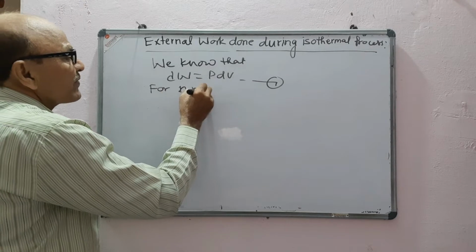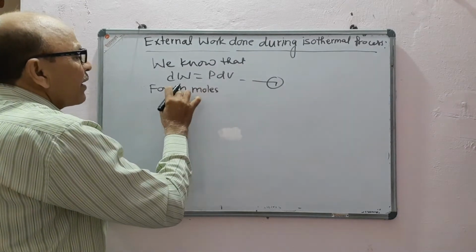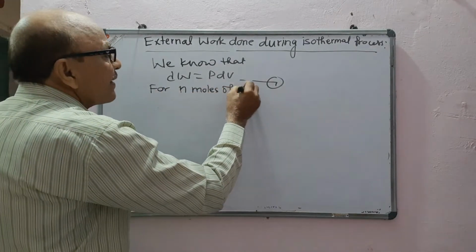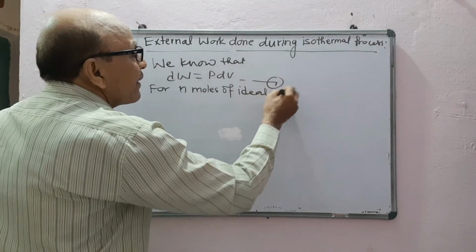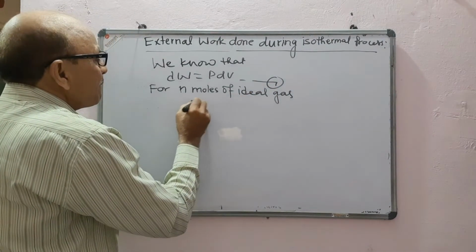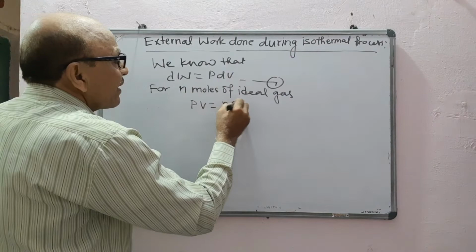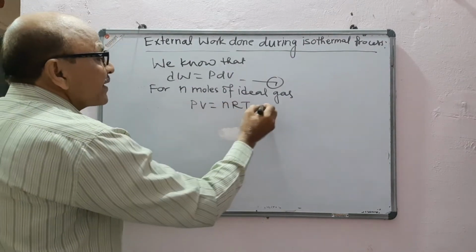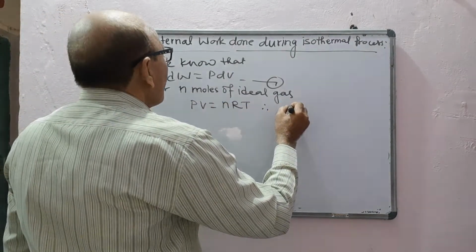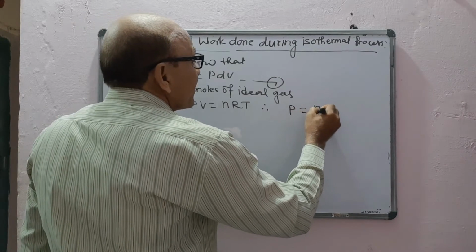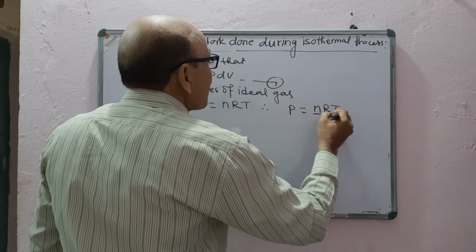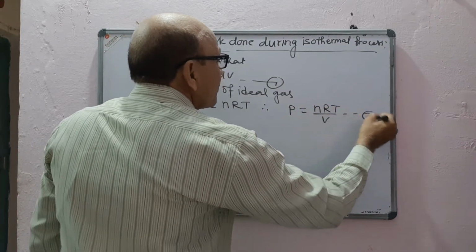For n moles of ideal gas, PV is equal to nRT. Therefore, P will be equal to nRT by V. Equation 2.